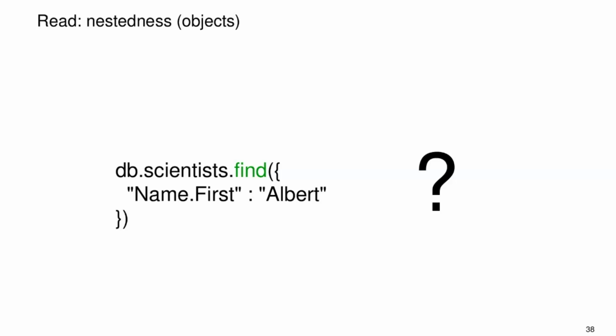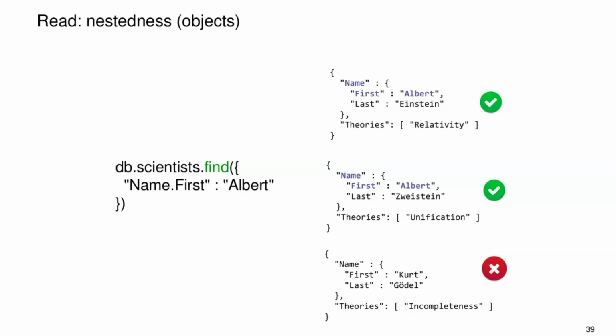So this query is not going to look for objects that have a key that is exactly named dot first. No, it's going to look for objects that have a key name in which there is another object in which there is a key first. So again, that's a design choice by the team. And again, you have to look at the documentation to know that. Okay? So that would return the first two and not the next one.